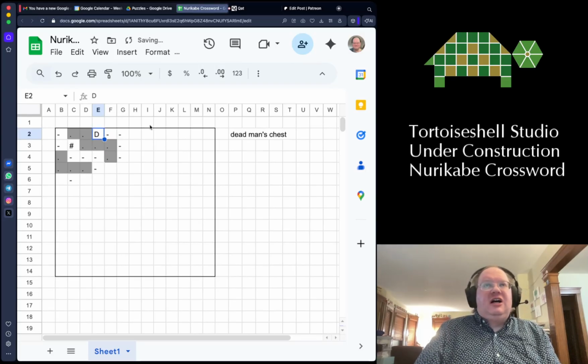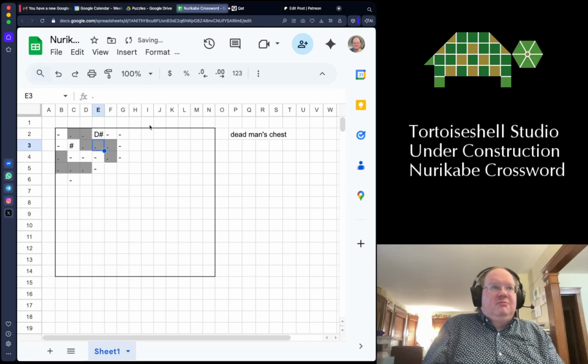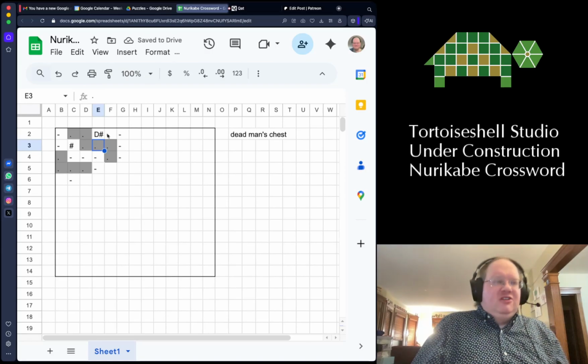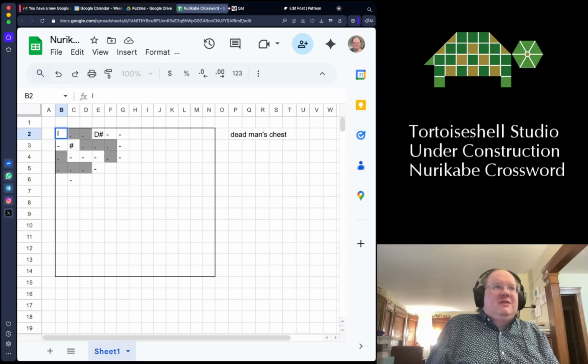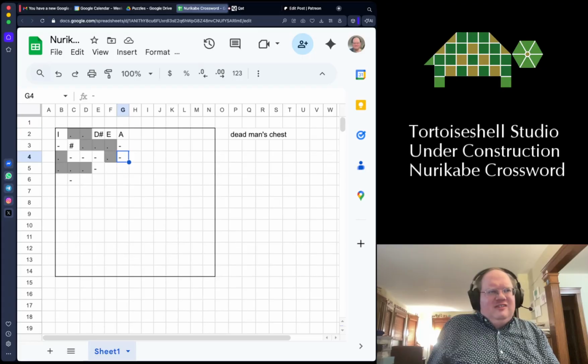Let me highlight. Let's put D number to indicate that that's going to be the starting square, and that's going to come out like this. So I've got to have a D as the second letter in the row. So it might be something like I, D, E, A. I was going to have idealist or something like that, but now I see I have DEA, which, as long as this isn't dead or death, could be fine.